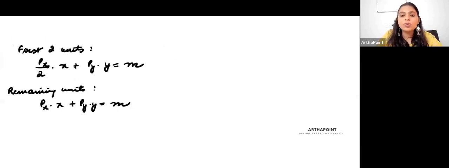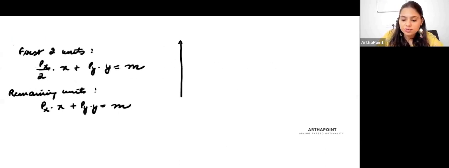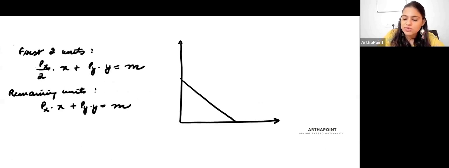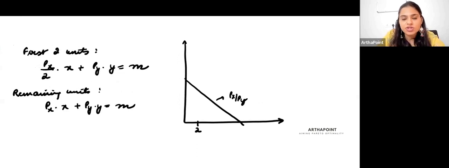So when you were not given this offer, your budget line was something like this. Its slope was Px by Py. Right? When you are given this offer for the first 2 units, what is the slope of your budget line?